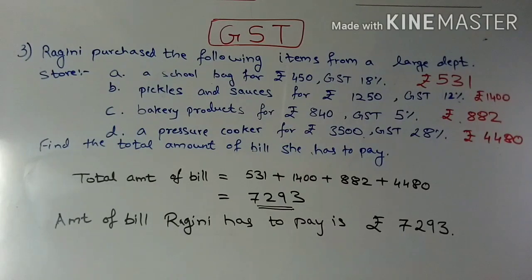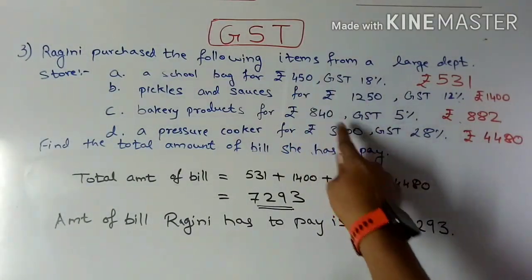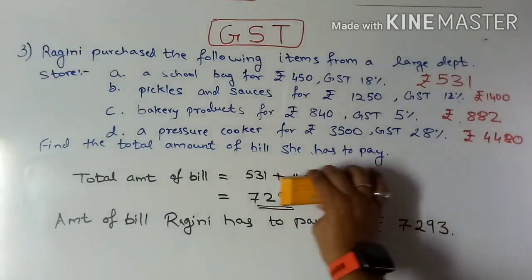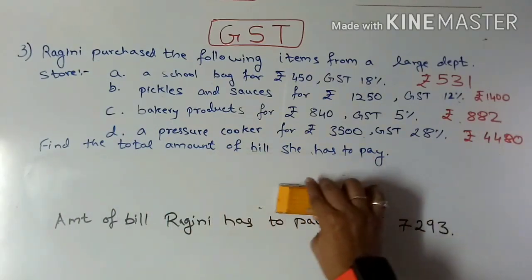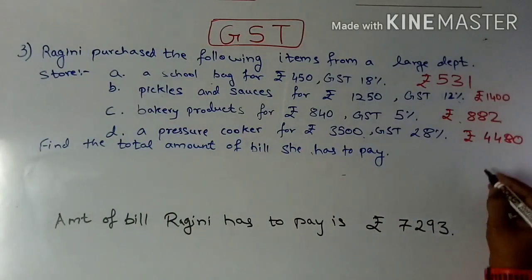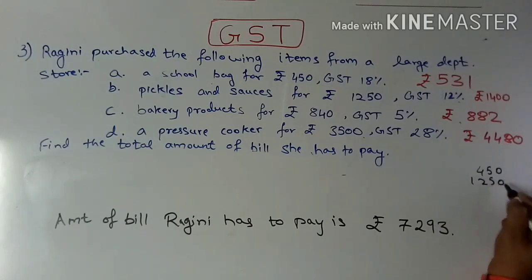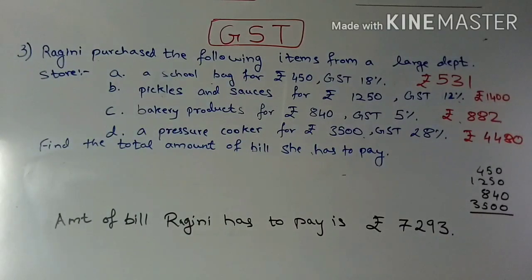Okay, now one more task for my self-satisfaction. It is not asked in the question, but I want to know how much has Ragini paid to the government in the form of tax. So I'll have to first add all these marked prices, that is 450, 1250, 840 and 3500.